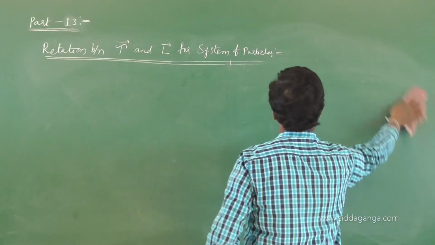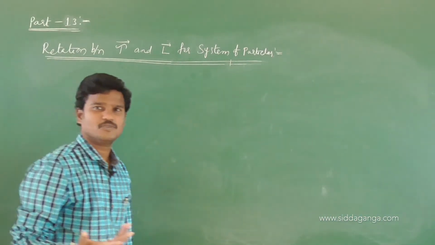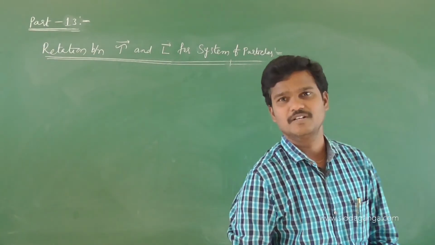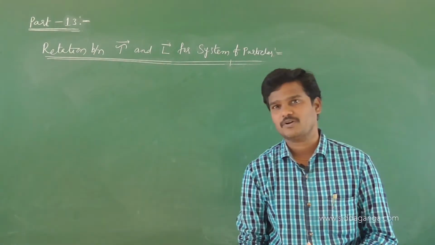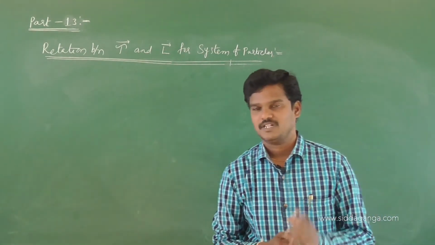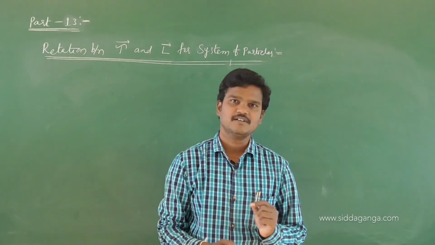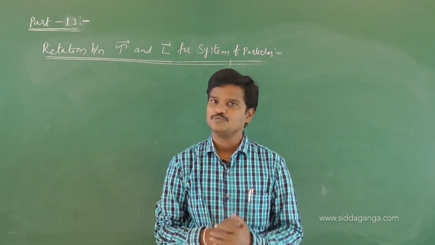The same steps. A system of particles is nothing but a rigid body. A rigid body consists of a number of particles. Let us consider a rigid body whose mass is m.